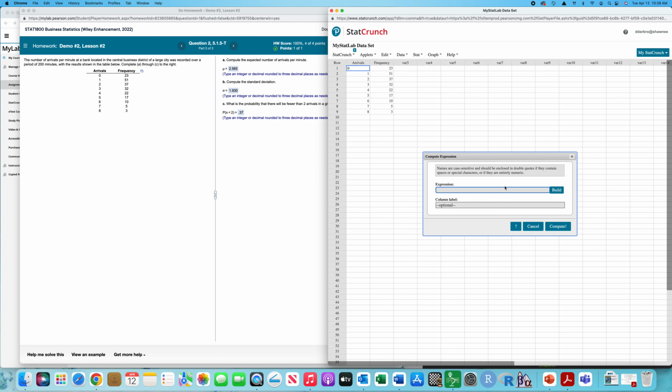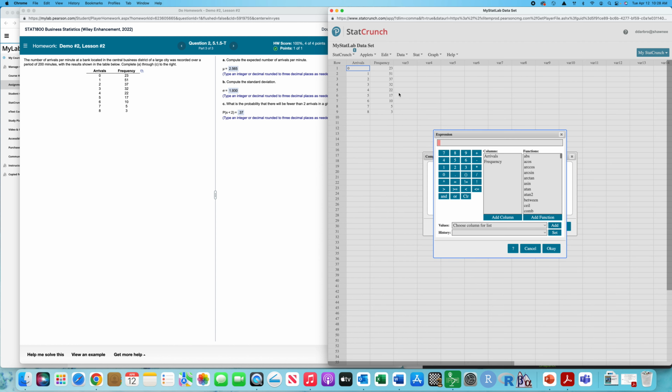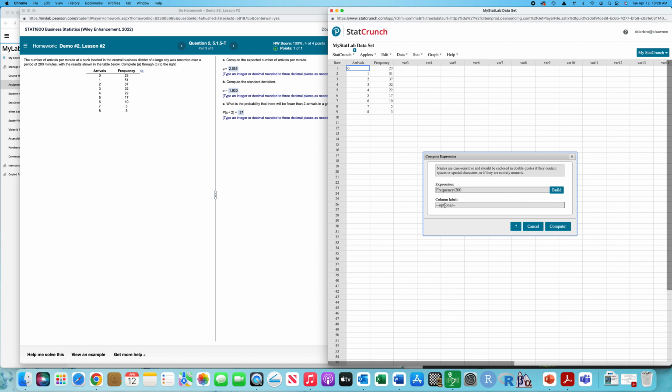All right, so expression, I'm going to build it. I need my frequencies divided by 200. And I'm going to call this the probabilities. And actually, to be technical, I should do probability of arrivals.